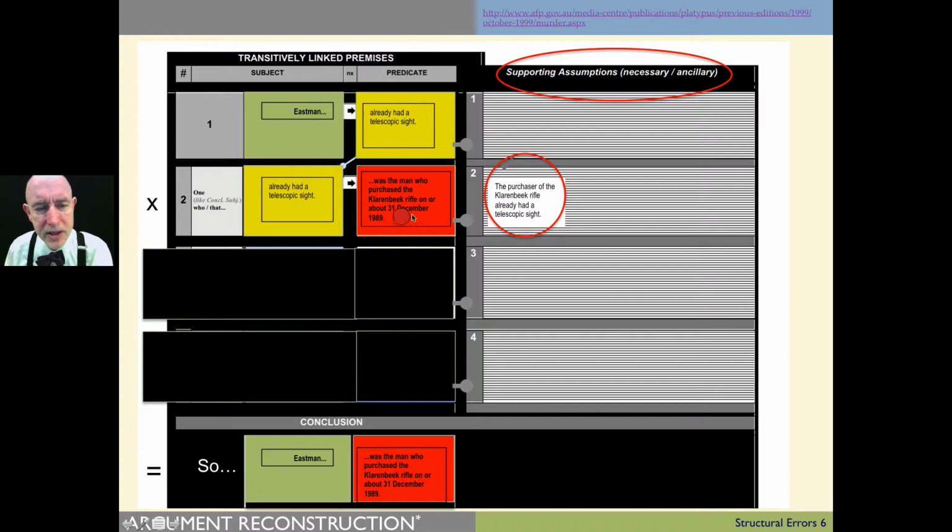And here we can see that the assumption, the purchaser of the Clarenbeck rifle already had a telescopic sight, fits as a support for the truth of premise number 2. One who already had a telescopic sight was the man who purchased the Clarenbeck rifle on or about 31 December 1989.